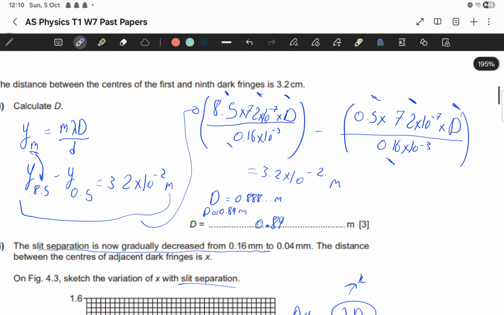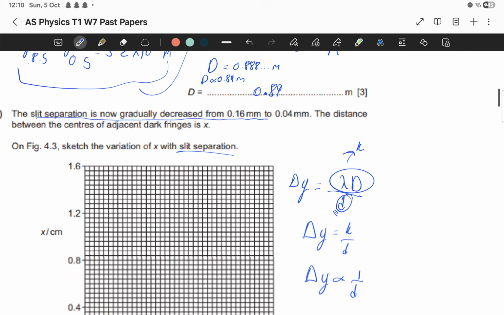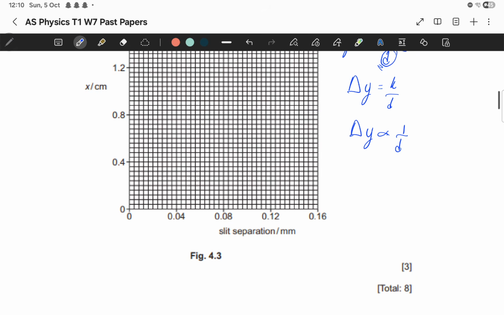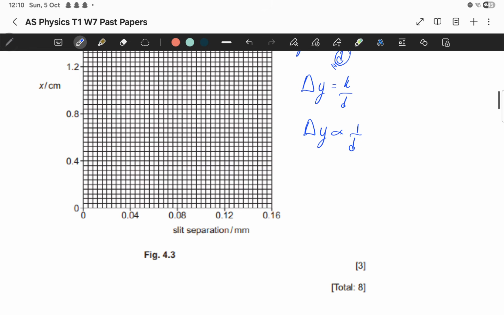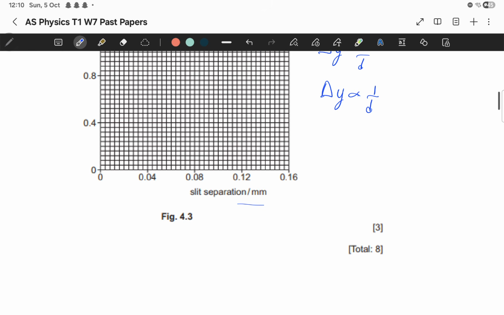Remember lambda is 7.2 times 10 to the power of negative 7, and D we found to be 0.89. Small d is 0.04, and that's 0.04 millimeters, so it's 0.04 times 10 to the power of negative 3, which gives me 0.01602.